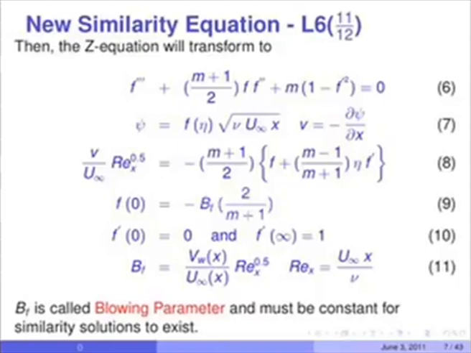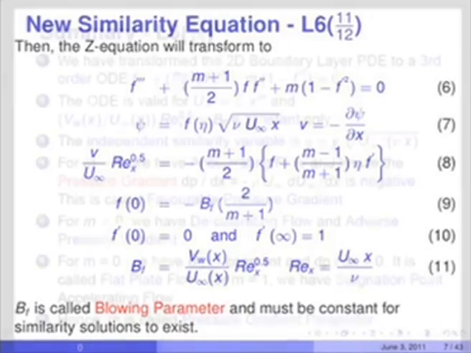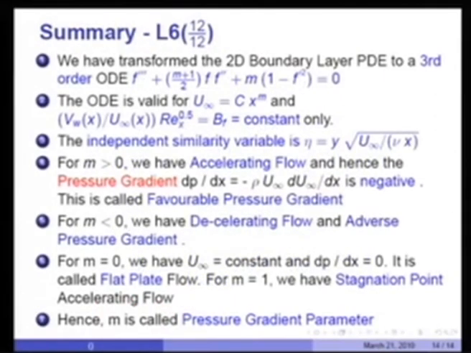We have an equation f triple prime plus m plus 1 by 2 f f double prime plus m into 1 minus f dash square equal to 0, with the three boundary conditions f(0), f dash(0) and f dash(infinity). So, let me summarize. We have transformed the 2D boundary layer partial differential equation to a third order ordinary differential equation.